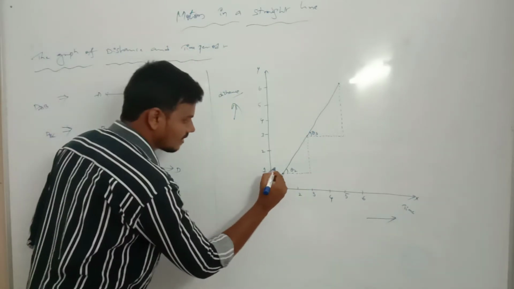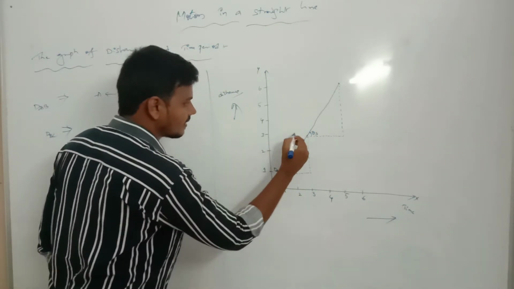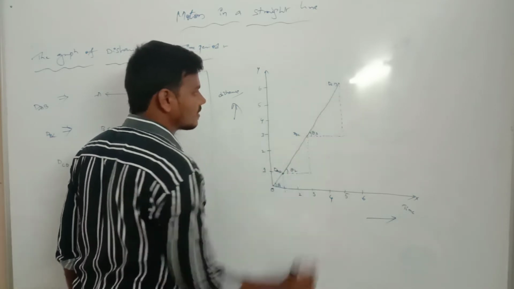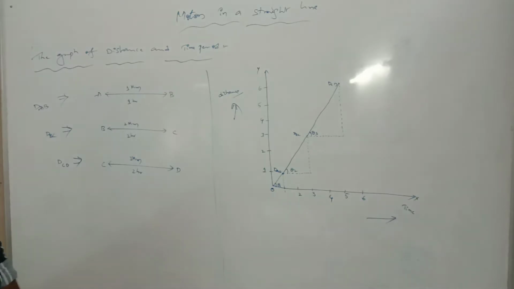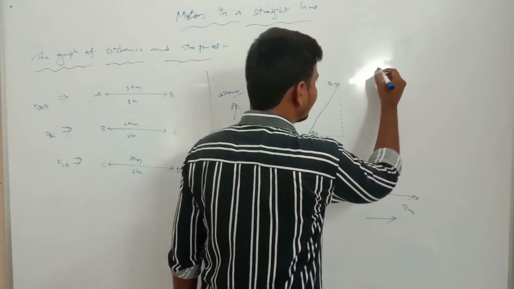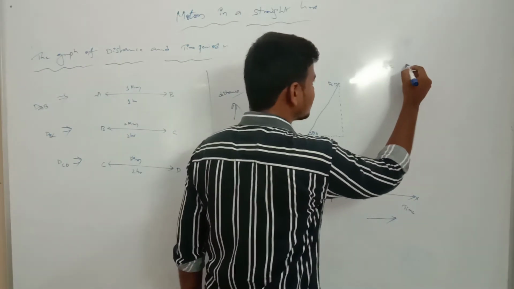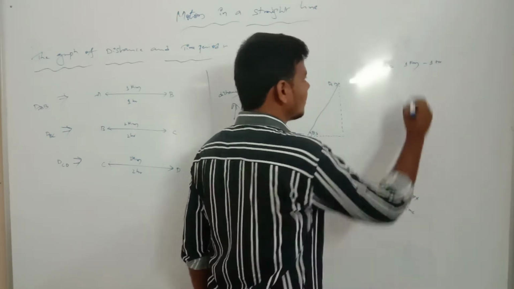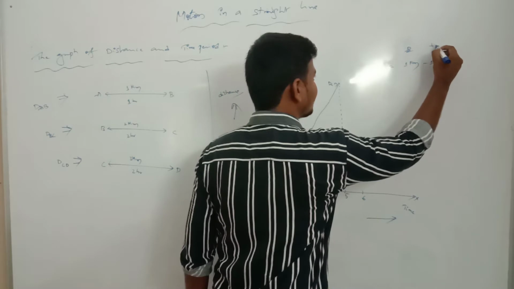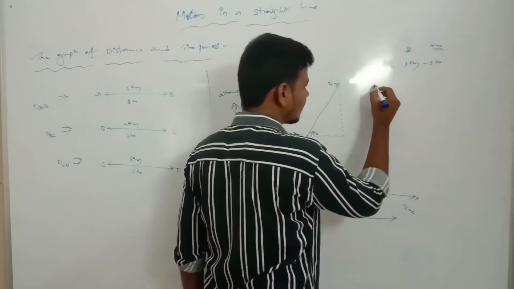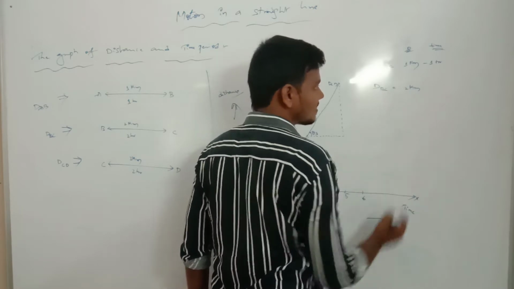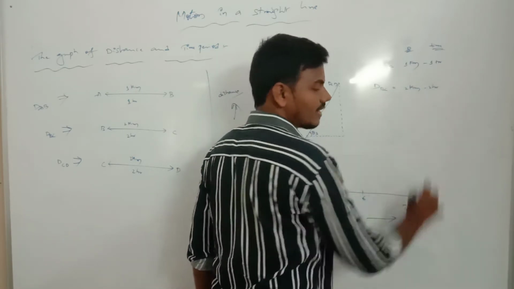The distance of A to B, the distance of B to C, the distance of C to D. Now this is the previous position. The distance of A to B is equal to 1 kilometer of distance and 1 hour of time period. The distance of B to C, 2 kilometers of distance and 2 hours of time period.